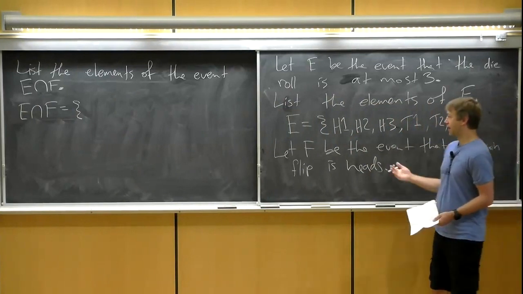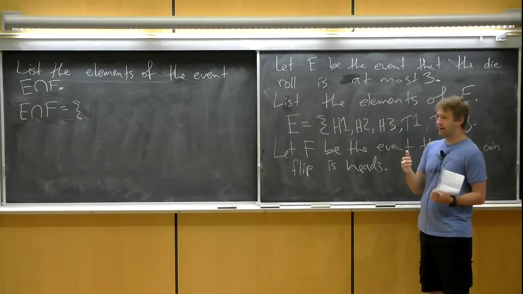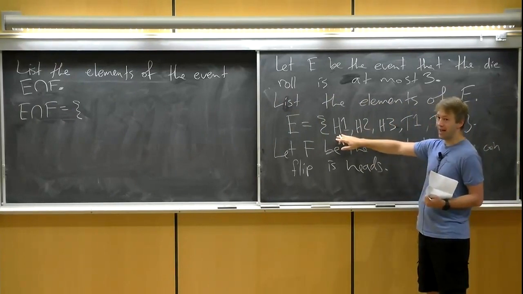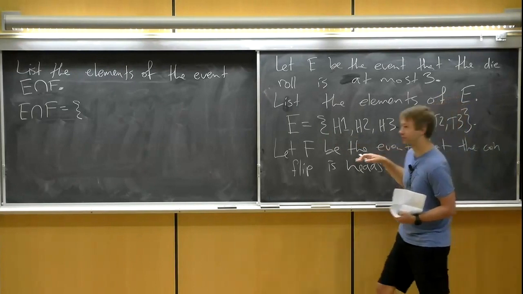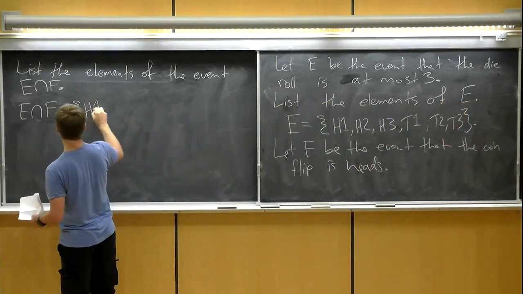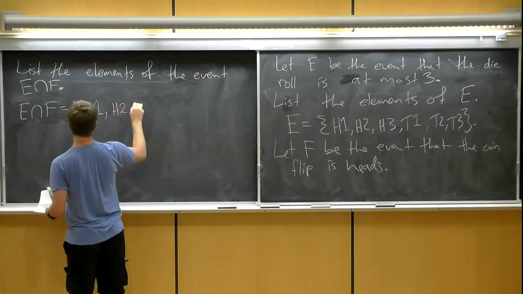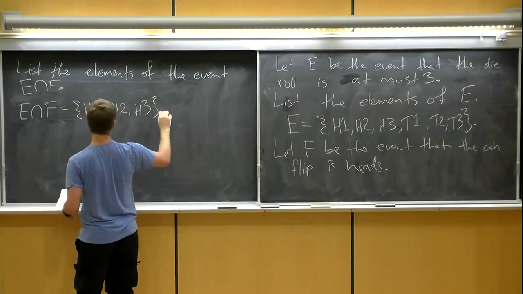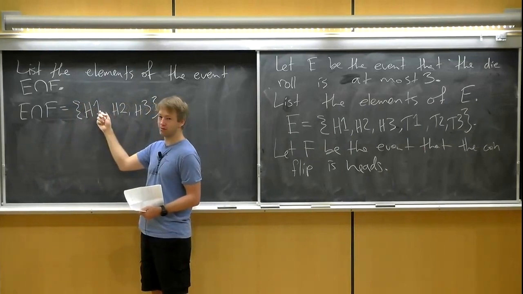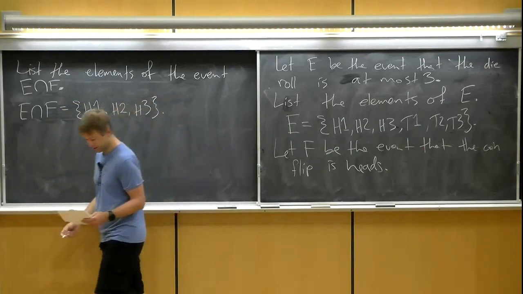So if E occurs and F occurs, it means the coin flip is heads and the roll is at most 3. So that should be H1, H2, and H3.